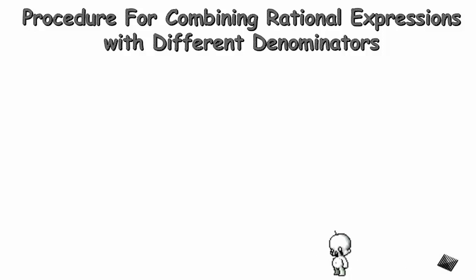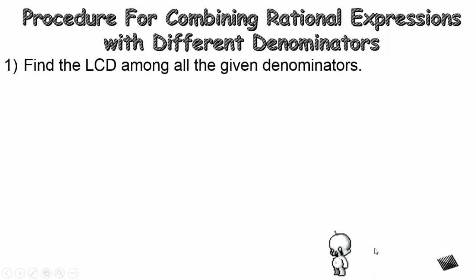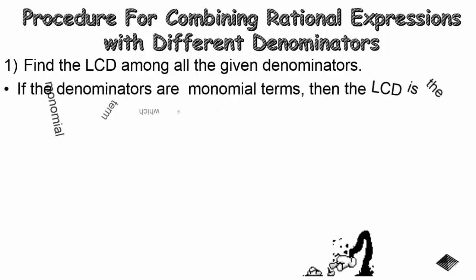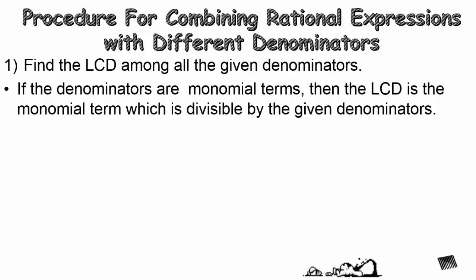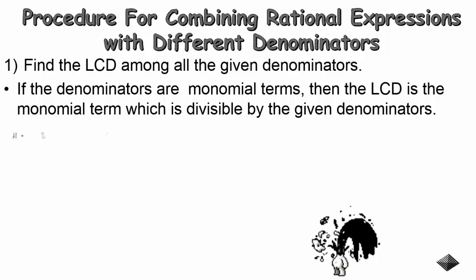So here is the procedure for simplifying the rational expressions with different denominators. This would be the lowest common denominator method. So we find the lowest common denominator. If the denominators are monomial terms, then the lowest common denominator is the monomial term which is divisible by the given denominators.